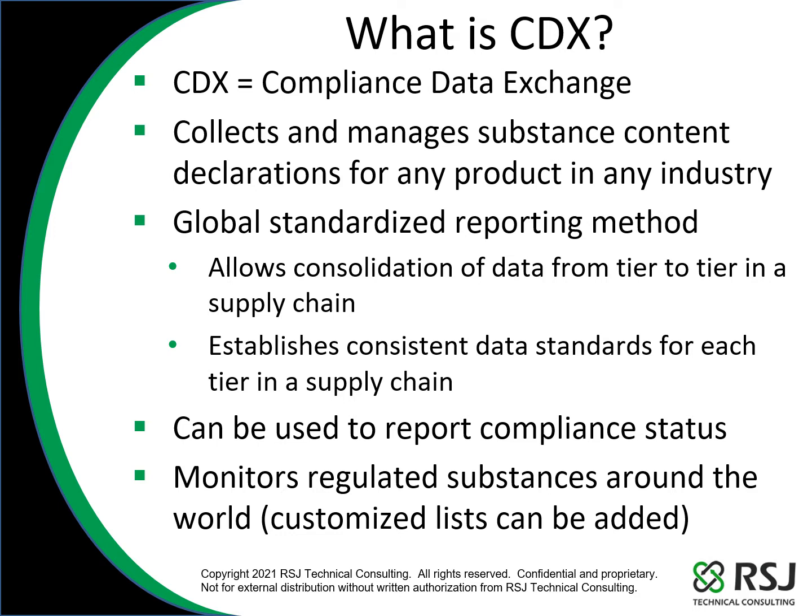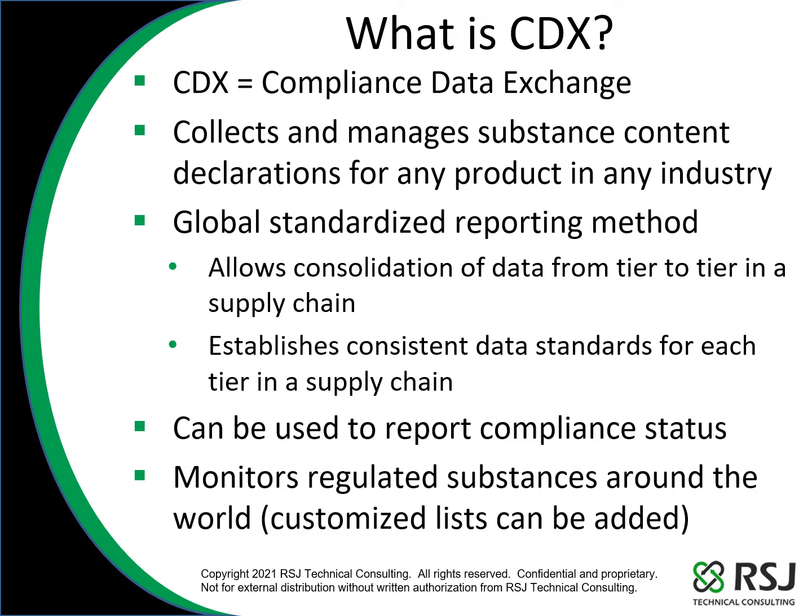It's a global, standardized reporting method, and it allows data to be consolidated from tier to tier along a supply chain using consistent data standards at each tier. In other words, it transmits data apples to apples to apples instead of apples to bananas to steak to milk to chalk to cheese.